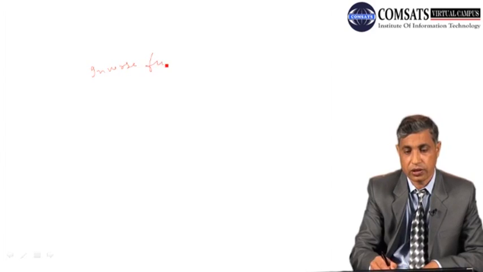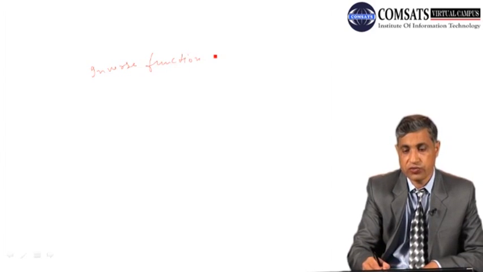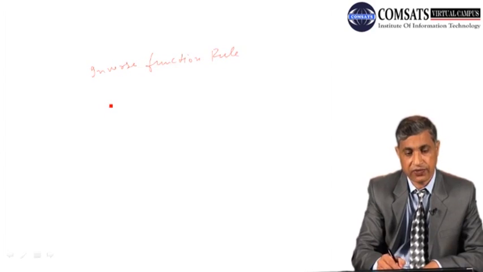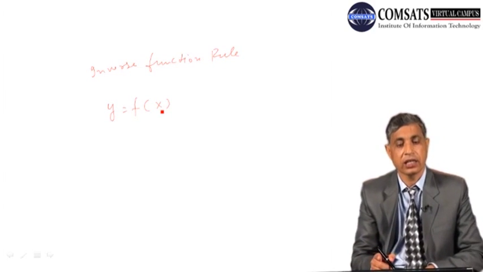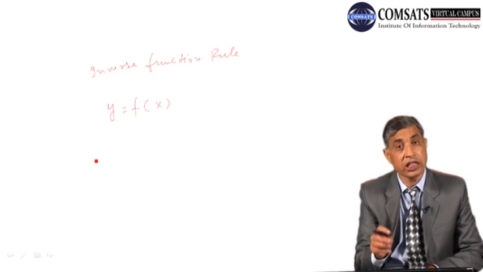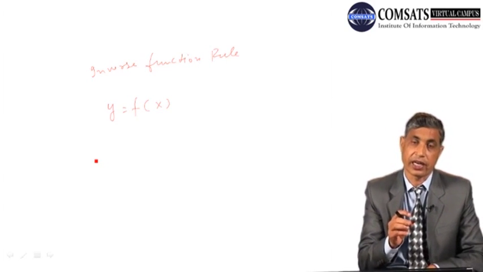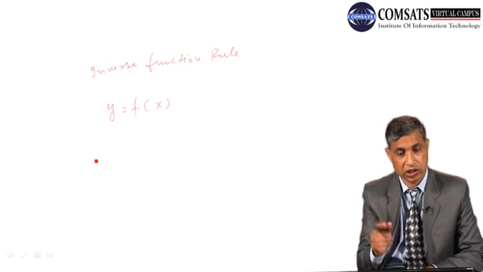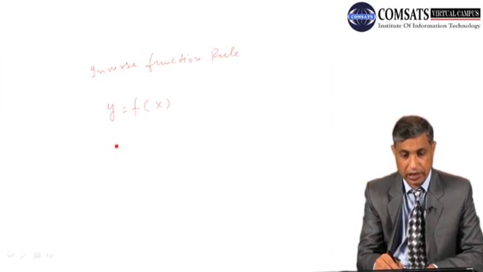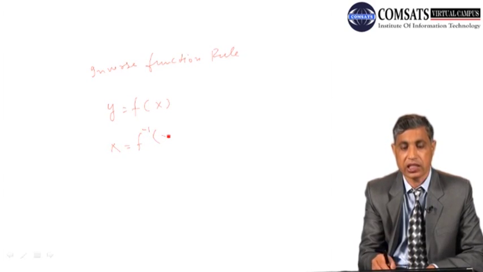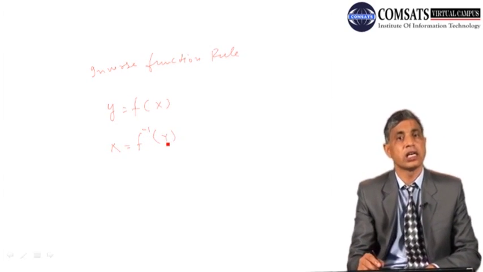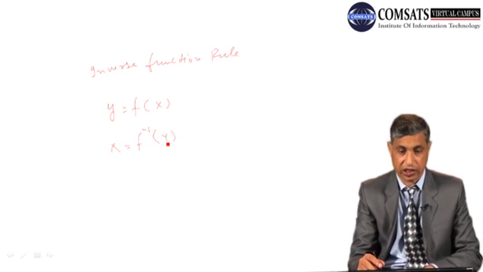So this is the inverse function rule. This is very simple. For example, if y is a function of x and I am now interested in the change in x with respect to y, not the change in y with respect to x, what can I write? I can write that x is an inverse function of y. This f minus 1 is the sign for the inverse function.